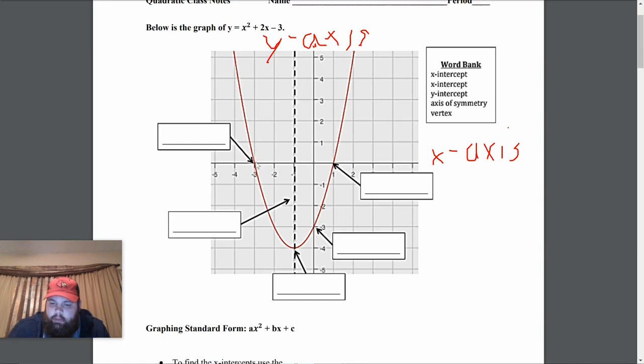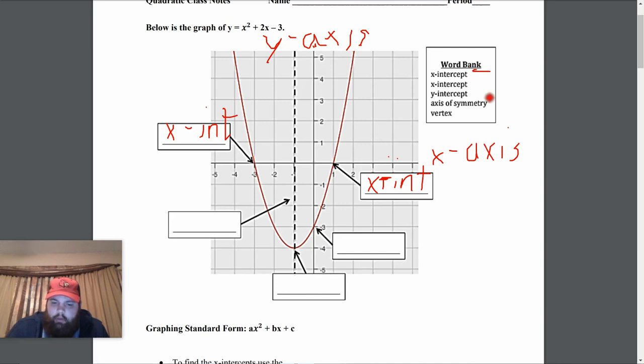So that means this is an x-intercept. I'm just going to put x-int, but we know it's this one right here. And our other one on the other side, where it crosses again right there, would be our other x-intercept. So those are our two x-intercepts.